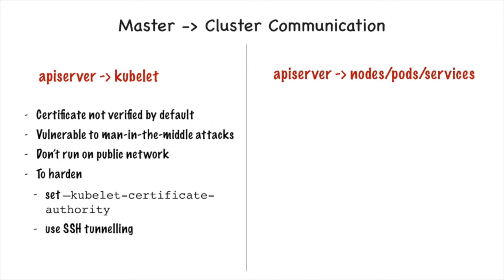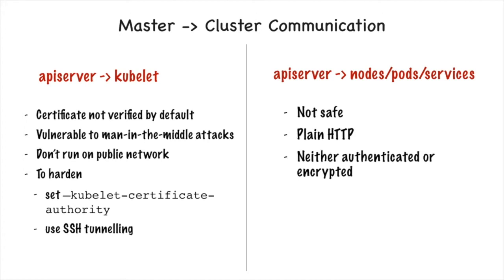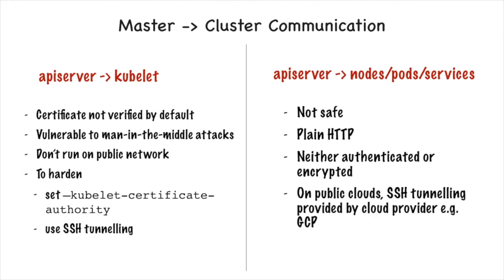And now turning to communication from the API server to the individual nodes or the pods or the services. Well, these are extremely unsafe currently. That's because all of these are just default plain HTTP connections and are therefore neither authenticated nor encrypted. You could go ahead and tighten this by making use of a public cloud platform such as the Google Kubernetes Engine.